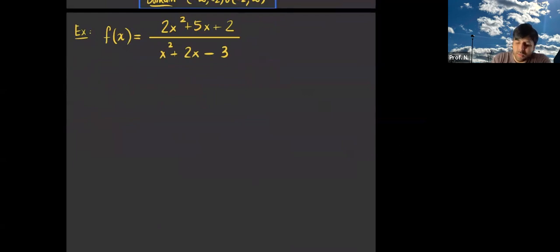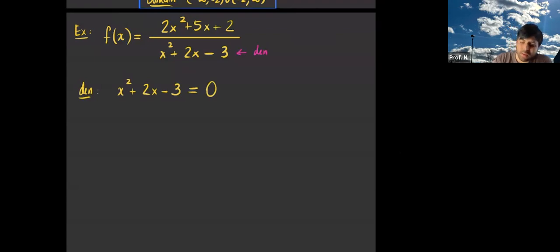Again, what I'm more concerned about is my denominator. It can't be 0. So what's my denominator? x squared plus 2x minus 3 equals 0. First, find those x values that make it equal to 0.